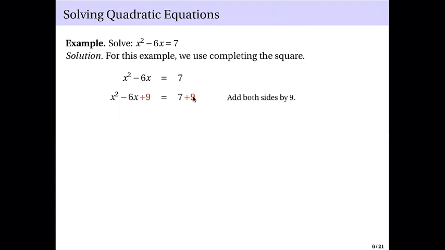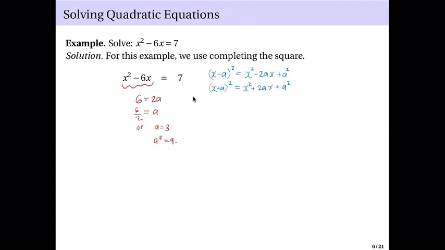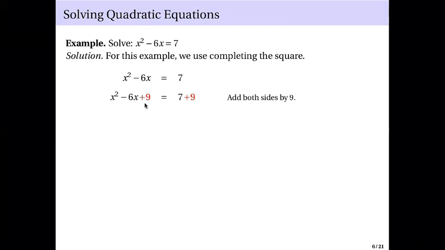That's what we have obtained in our calculation here. So we need to add 9 on the left-hand side and 9 on the right-hand side. Therefore, this left-hand side can now be written as (x minus 3) squared. Of course, on the right-hand side, you have 7 plus 9, which is equal to 16.